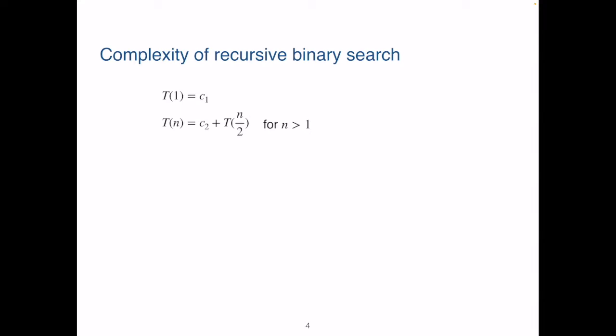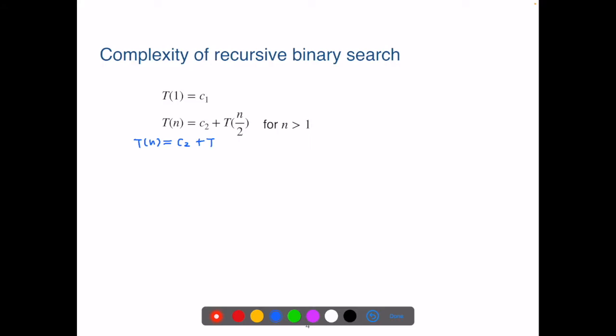Let's derive the closed form of Tn using substitution. So we know Tn is C2 plus Tn over 2. Now we can replace this. That'll give us C2 plus C2 plus Tn over 4. And then we can replace this.